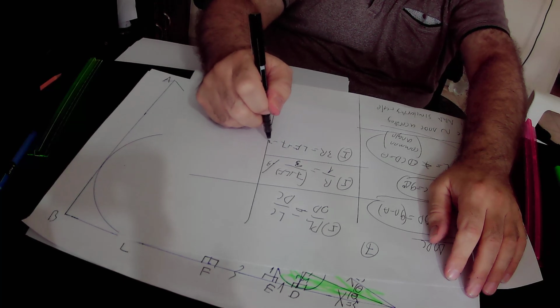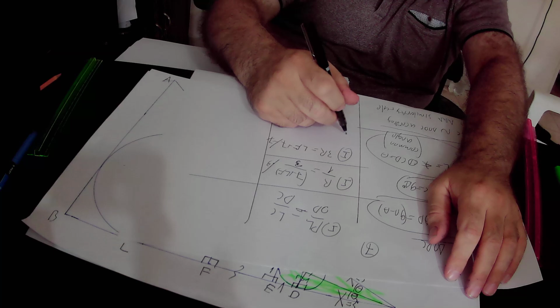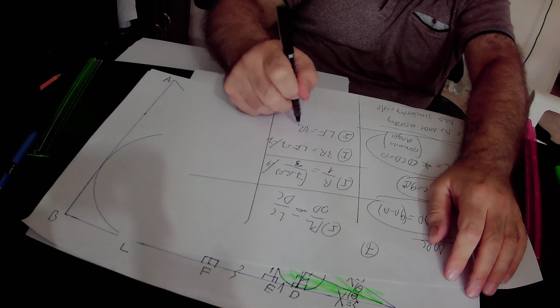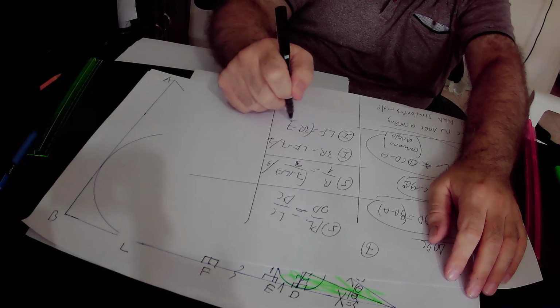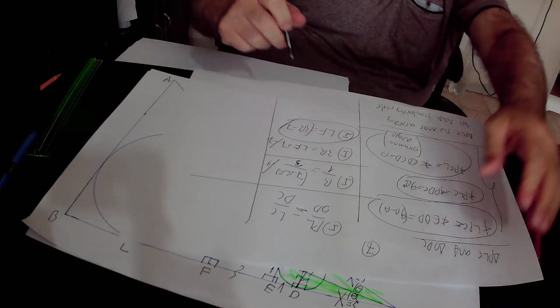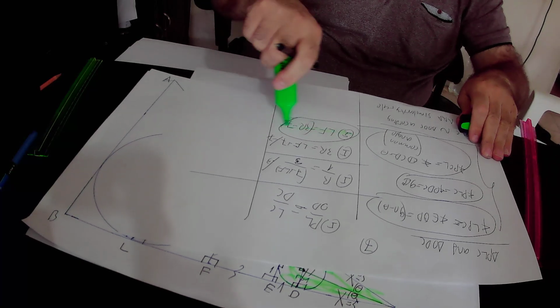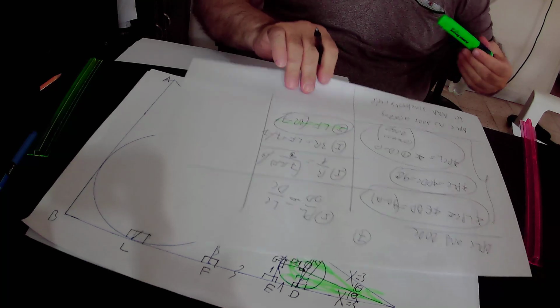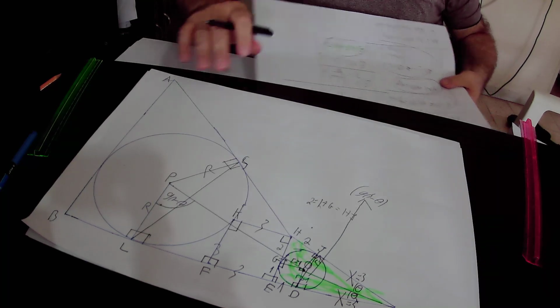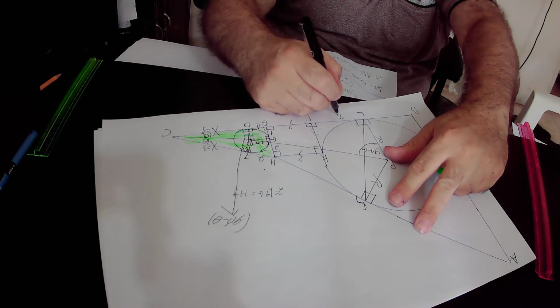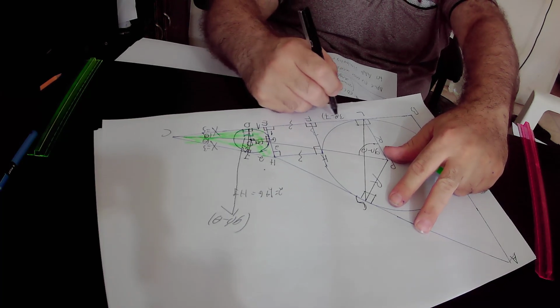Here we subtract 7 from this equation, and we get that LF equals 3R minus 7. And we write in the drawing that LF equals 3R minus 7.